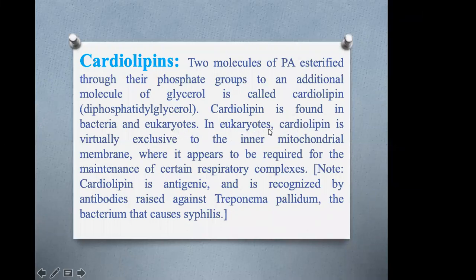In eukaryotes, cardiolipin is virtually exclusive to the inner mitochondrial membrane, where it appears to be required for the maintenance of certain respiratory complexes and respiratory transport chains. Note: cardiolipin is antigenic and is recognized by antibody raised against Treponema pallidum, the bacterium that causes syphilis.